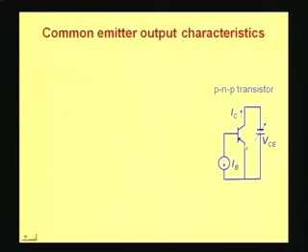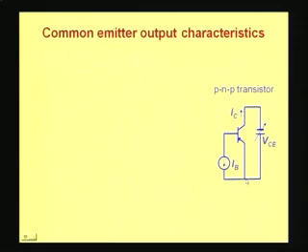Now what we mean by common emitter is that the voltages which are applied, either the voltage or the current sources, are applied with the emitter as the common terminal. So you can see here that you are connecting a base current with reference to the emitter, and similarly you are applying a voltage to the collector with reference to the emitter.